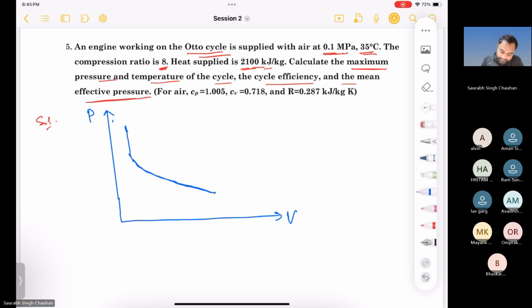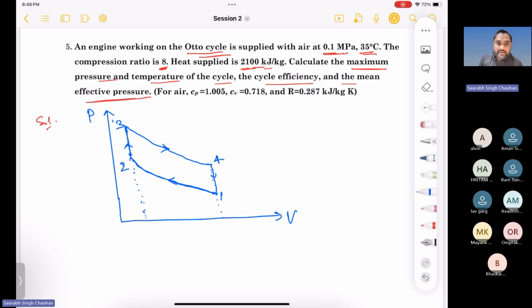Then constant volume heat addition. Then in the power stroke, there will be isentropic expansion, and there will be constant volume heat rejection or exhaust. Okay, so 1, 2, 2, 3, 4. So this is the Otto cycle. Okay.